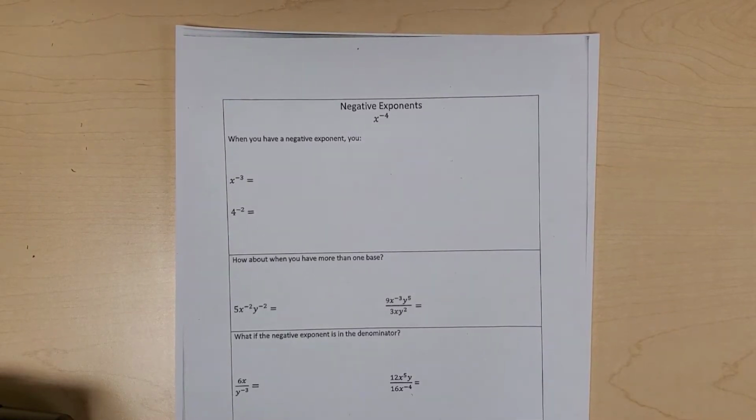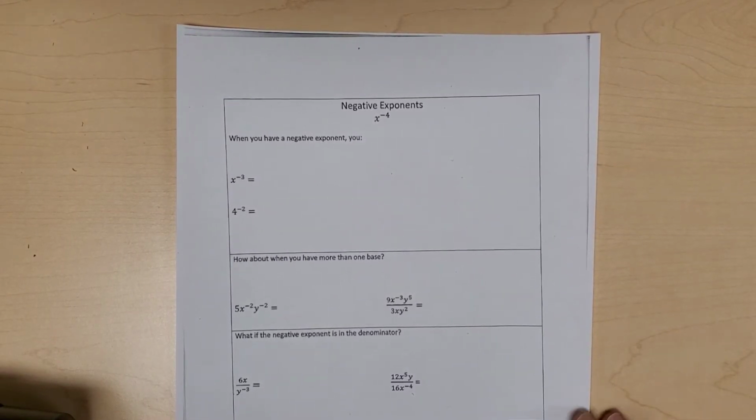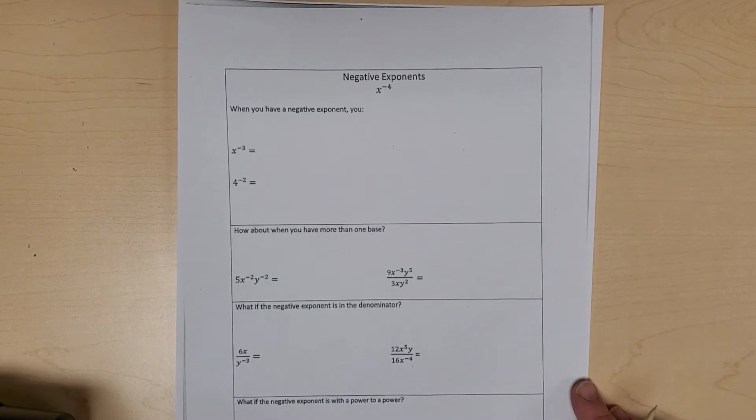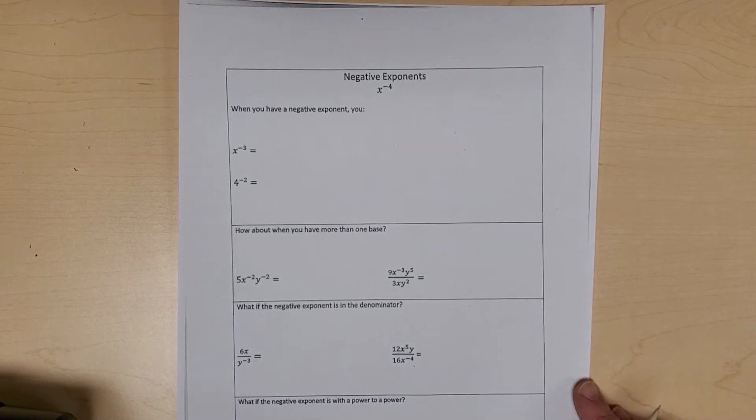Hey guys, in this video I am going to teach you what to do if you end up with negative exponents in your powers. Negative exponents are not allowed whenever you are simplifying powers of exponents.